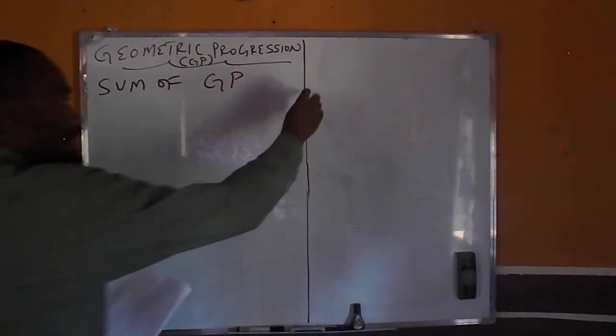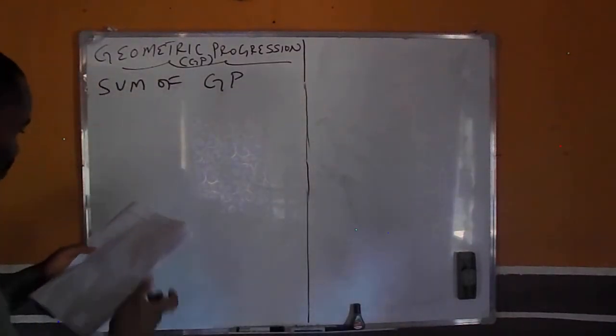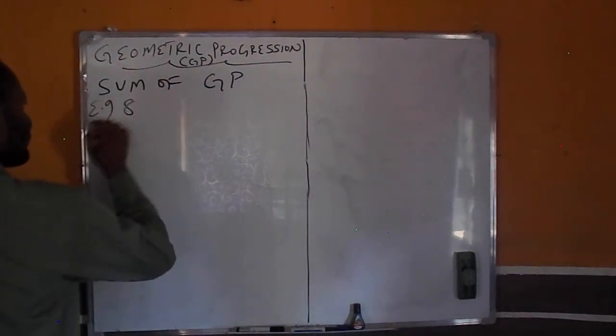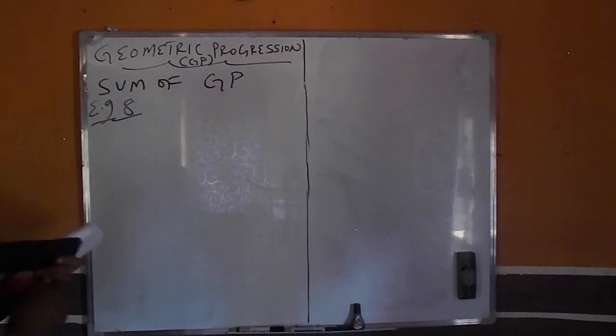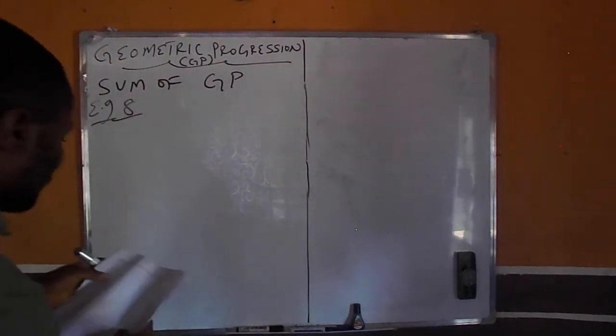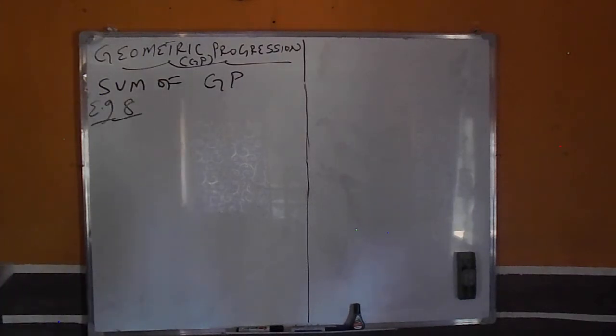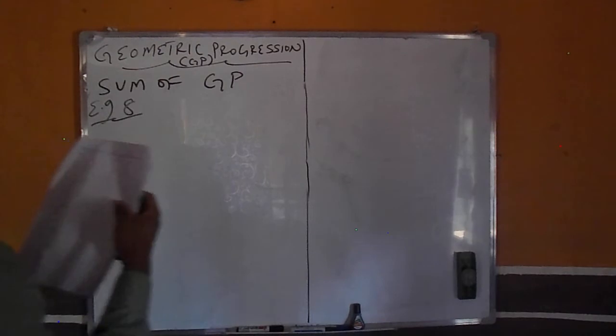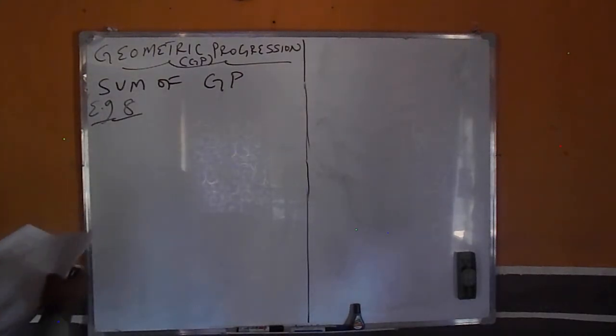In example 8, we have the question: the third term of a GP is 63, while its fifth term is 567. What is the sum of its first 7 terms?